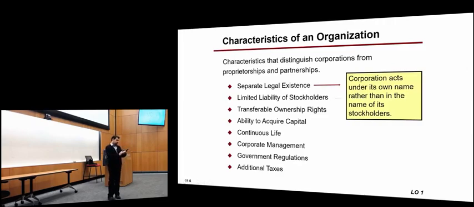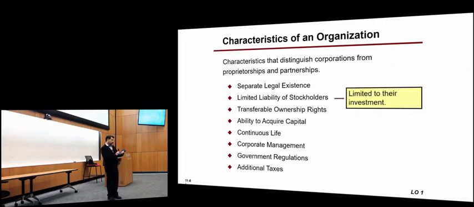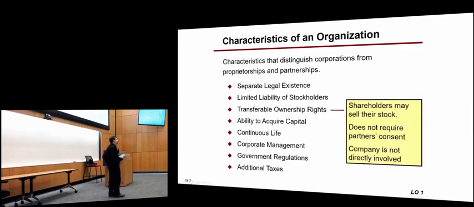We talk also about transferable ownership. With a partnership, if you want to sell your share of the company to someone else, you need to get the approval of the other partners.